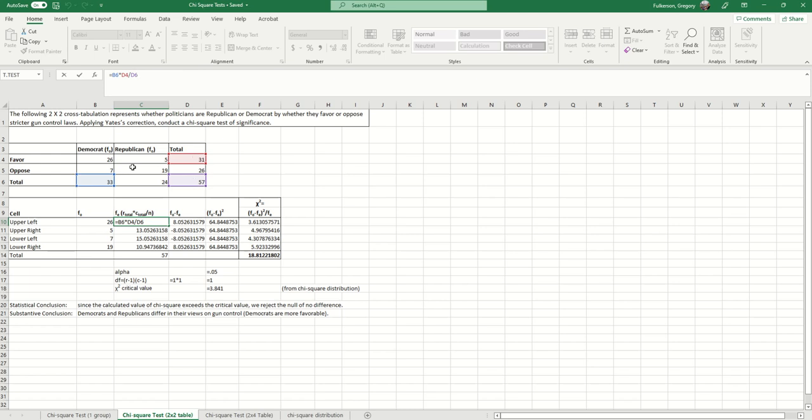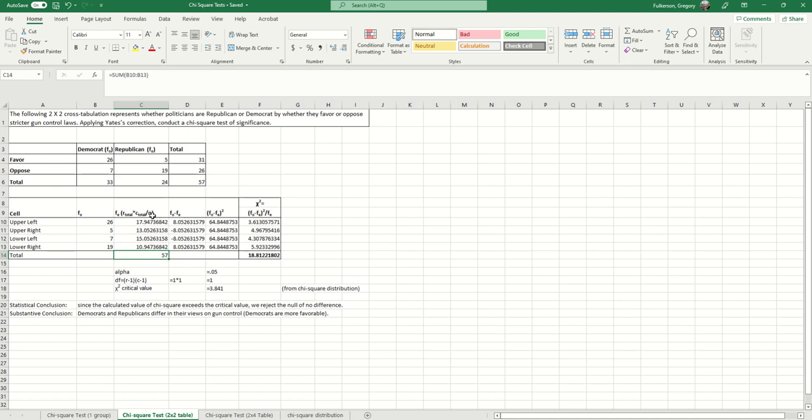So that's multiplying B6 by D4 and dividing by D6. Okay, and that gives us 17.94. We're doing the same thing for each of those, except adjusting for the proper row and column totals, and we're always dividing by the overall sample size, which is going to be in the same cell.